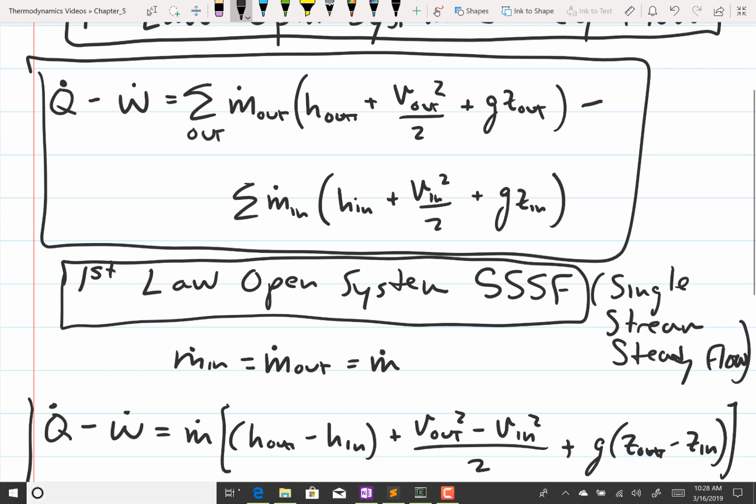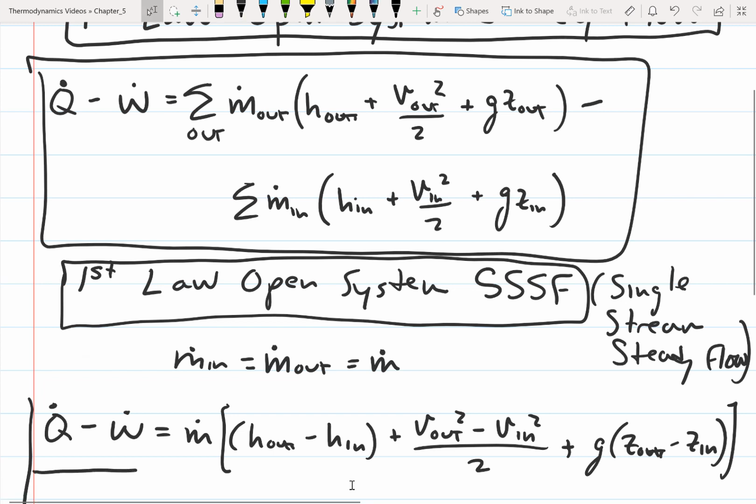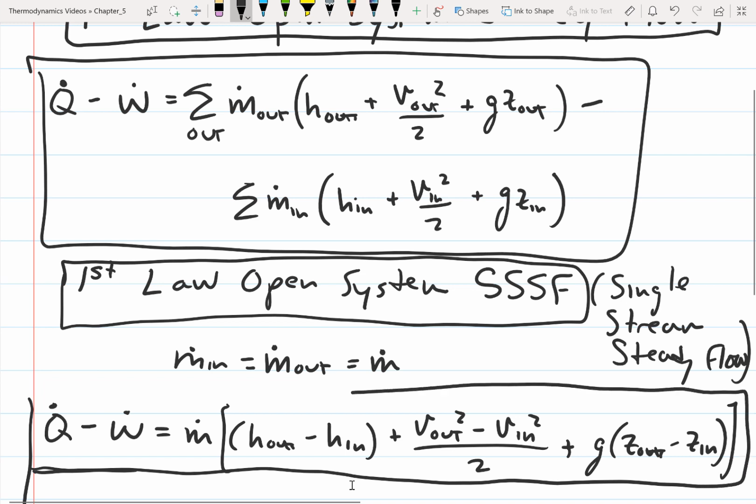So this is our equation. This is the first law for a single stream steady flow open system.